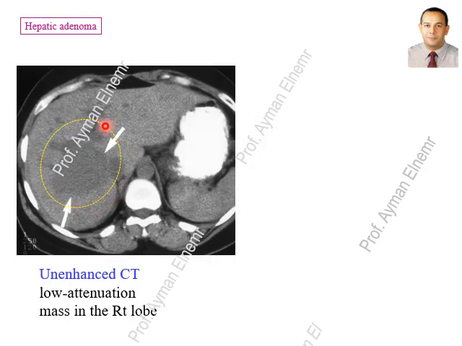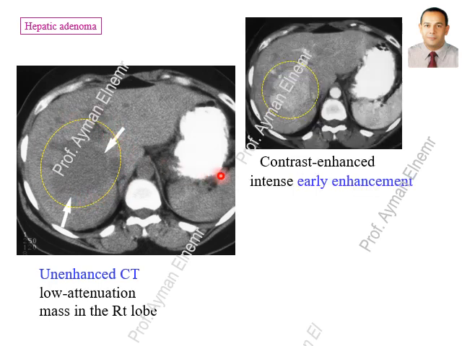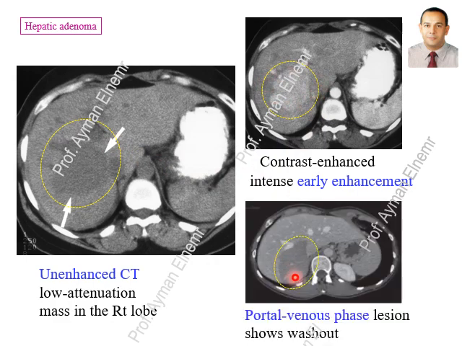Here in the unenhanced CT, we can see a low attenuation mass in the right lobe. In the arterial phase, we can see the early intense enhancement of the lesion. In the portal venous phase, the lesion shows washout.